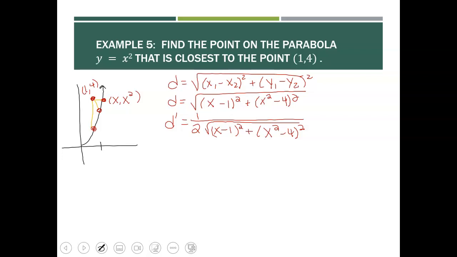So outside is 1/2, all that stuff to the negative 1/2, times the derivative of the inside. Now we just have chain rules on the inside. So it'd be 2(x minus 1) times 1 plus 2(x squared minus 4) times 2x. And then we just clean it up.